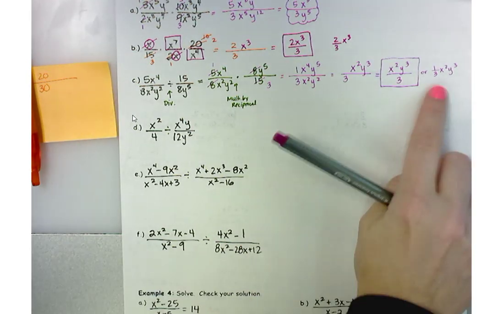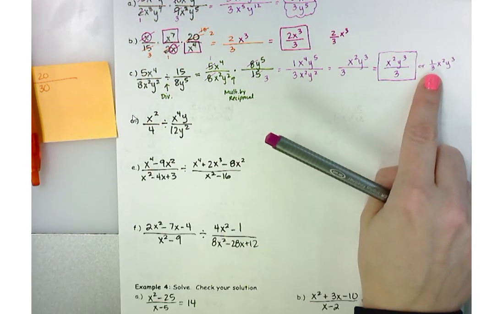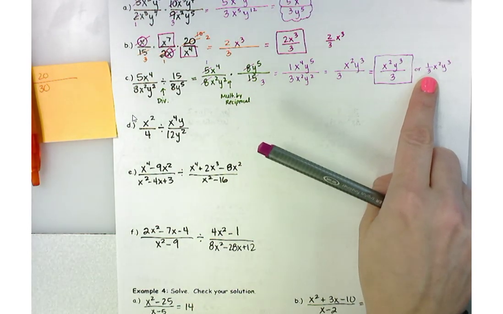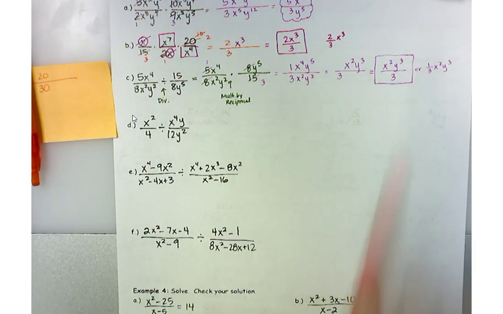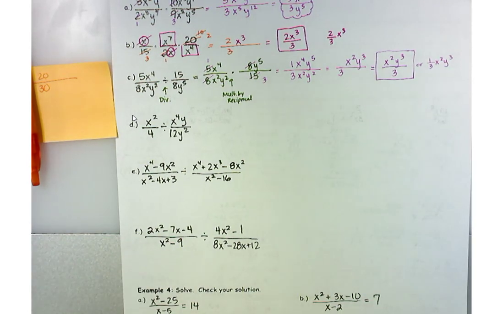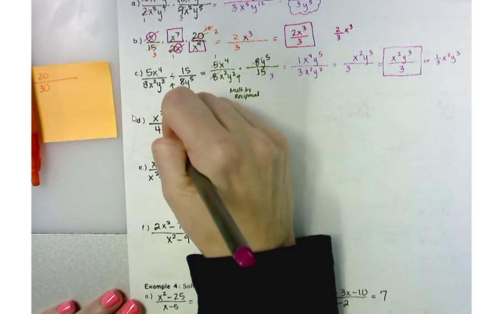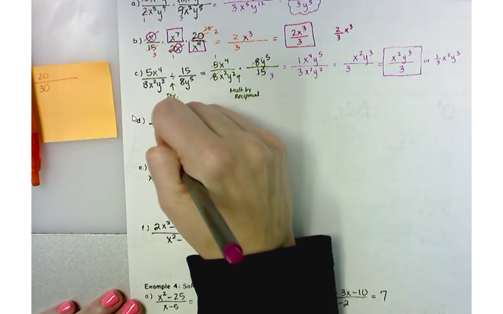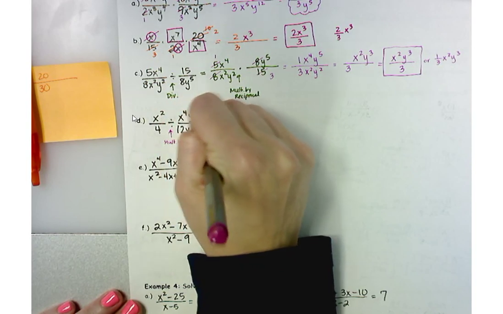Okay, and then for D, this is another one where it's division, which means you are going to end up multiplying by the reciprocal. Okay, so the first one is going to stay. Now we're going to flip. Do you guys like simplifying your numbers first too?